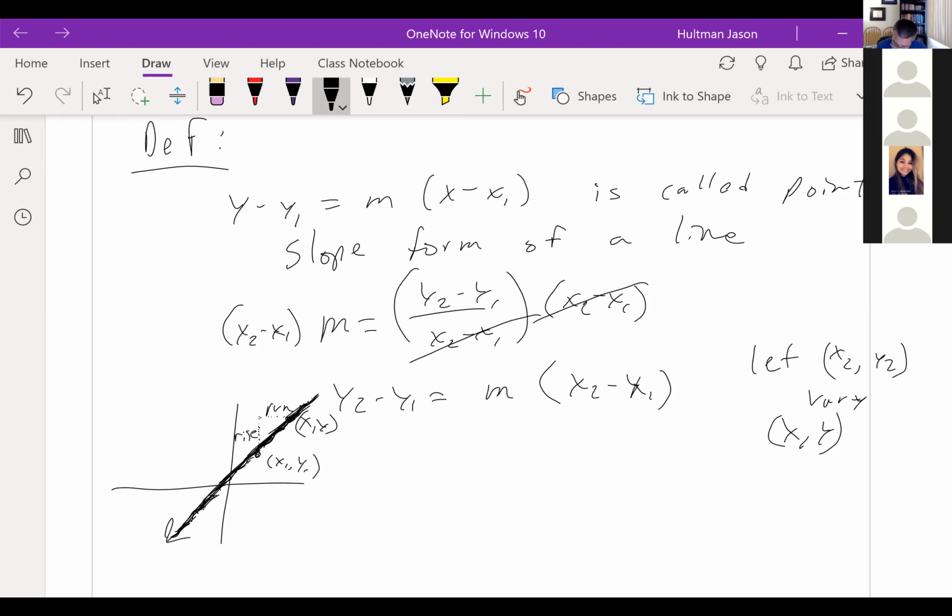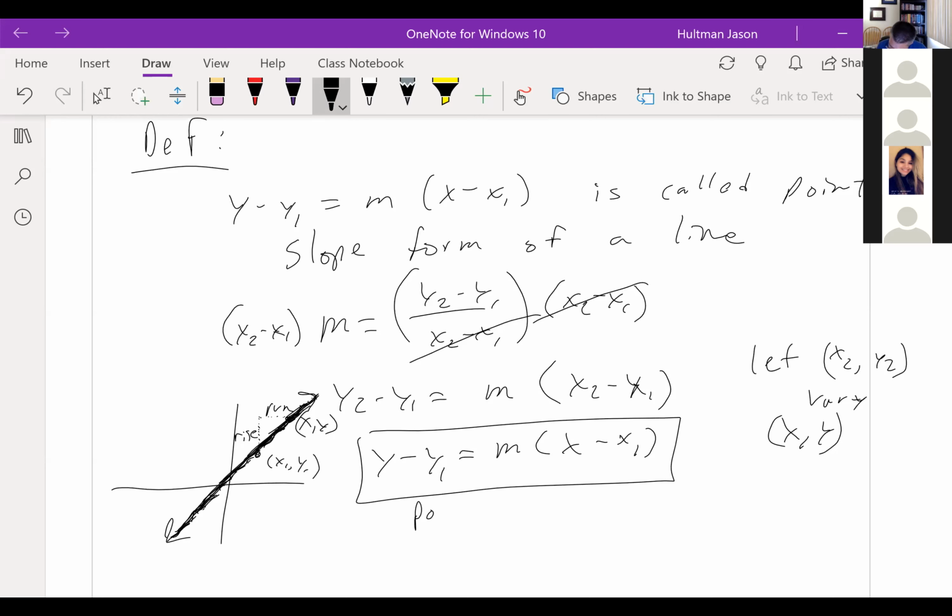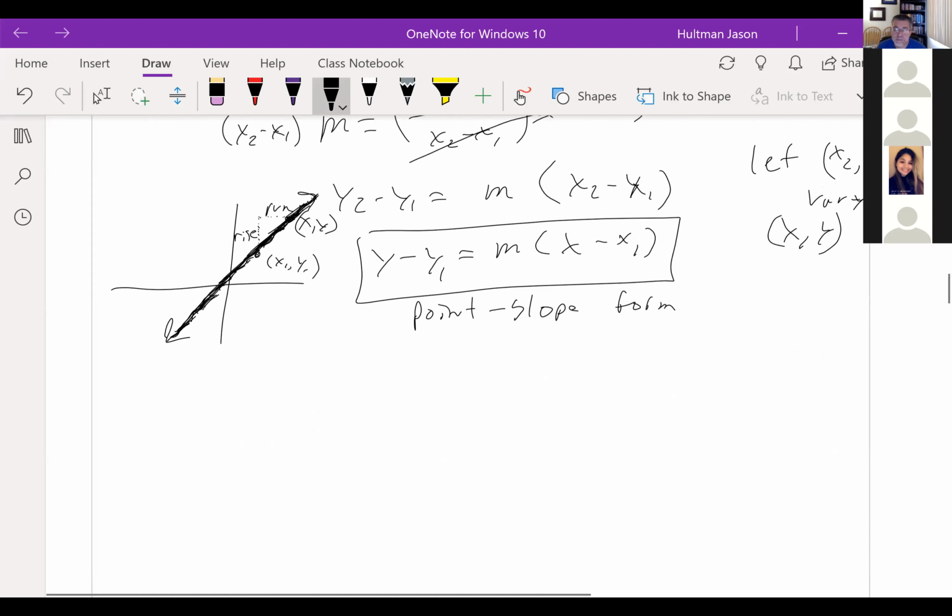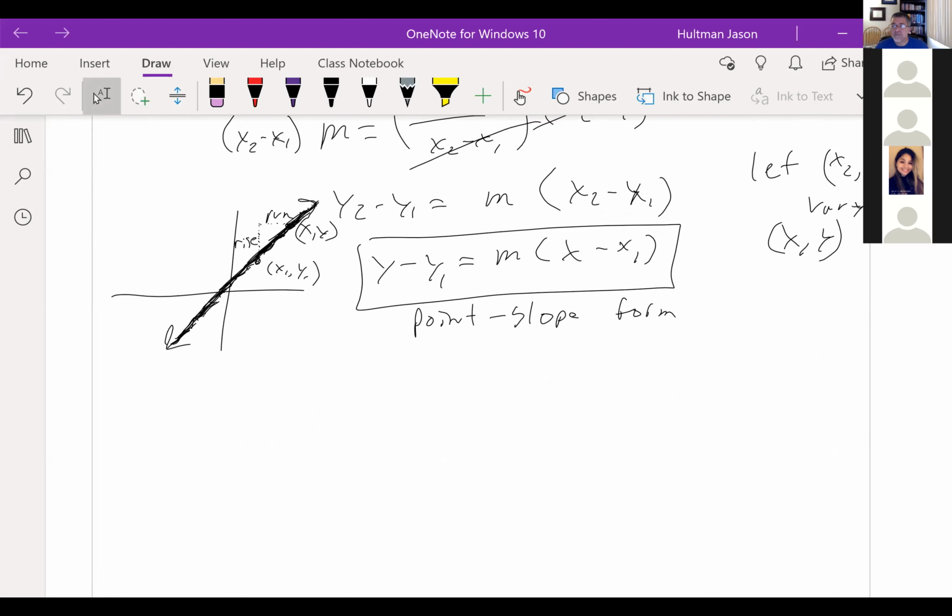And that's going to create the line that we're looking for. So instead of letting it be y2 and x2, we just let it be x and y, and that becomes the point slope form of a line. Very helpful. This is extremely helpful to us.